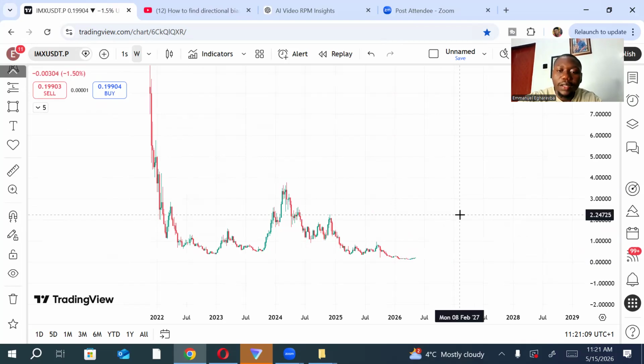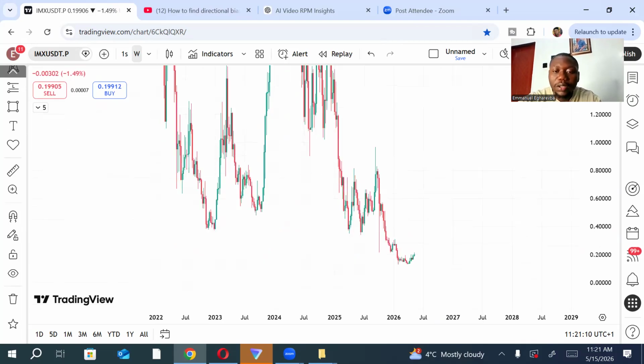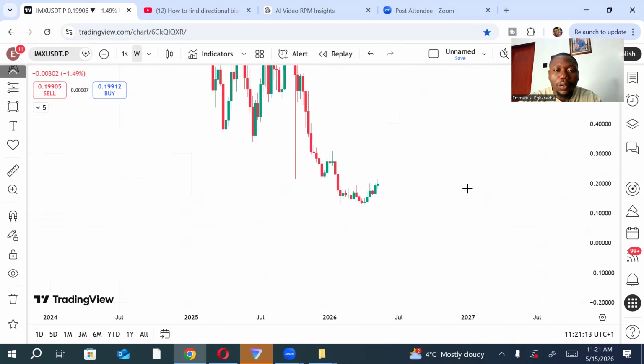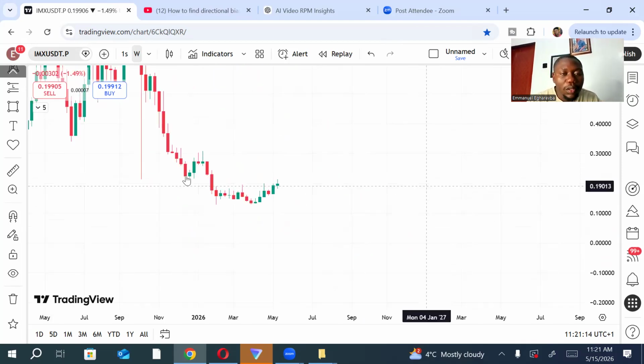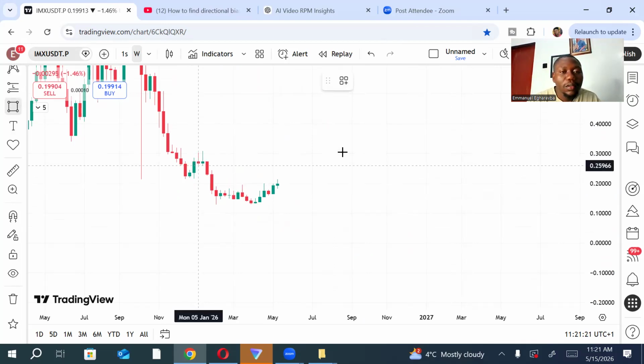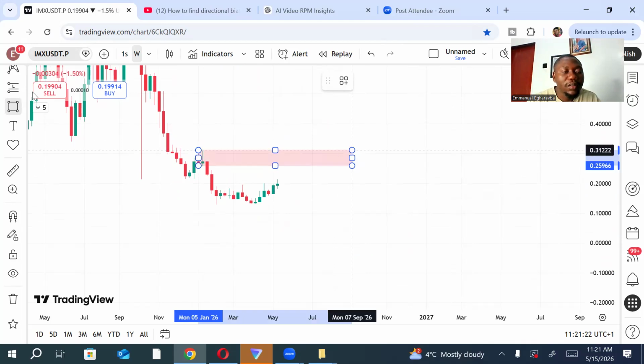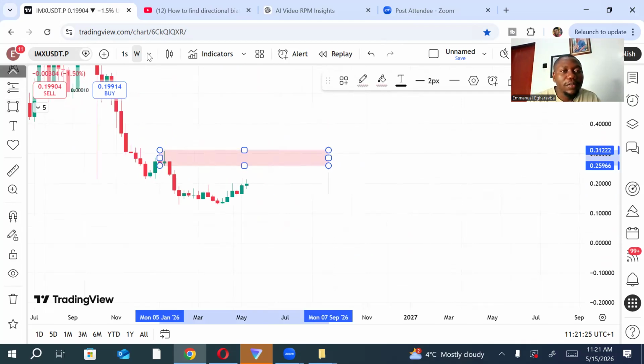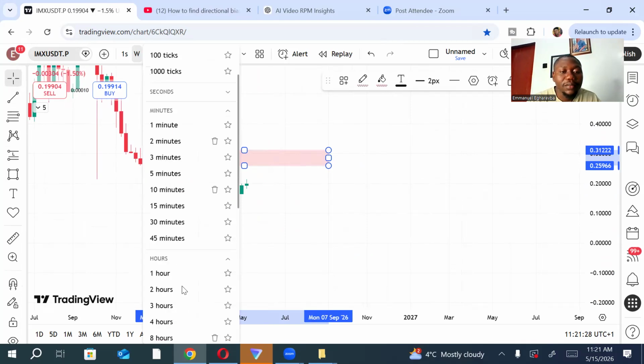Obviously, the weekly is bearish. While the inducement here, here's the point of interest we're looking at. We have a point of interest here. Let's look at it from the daily time frame now.